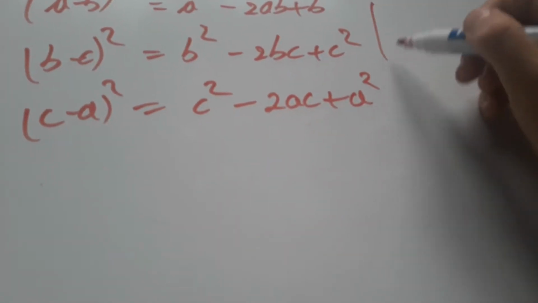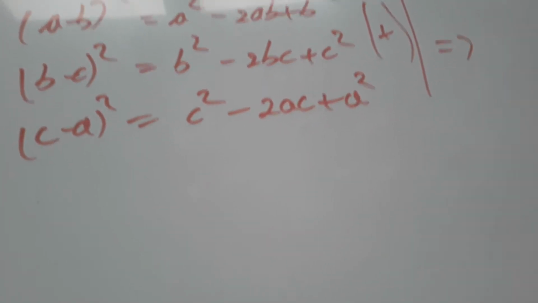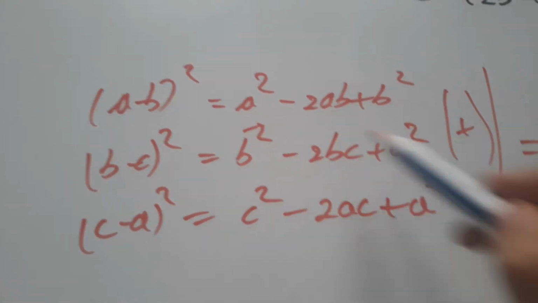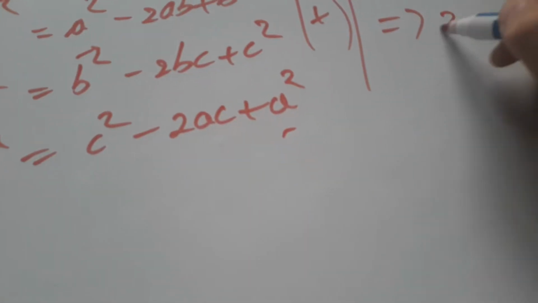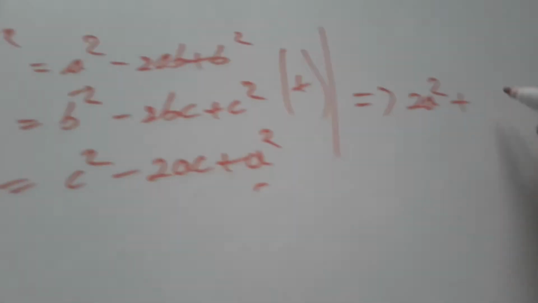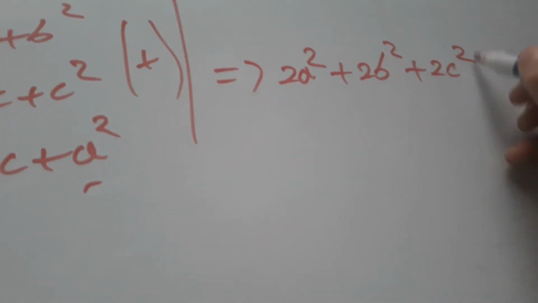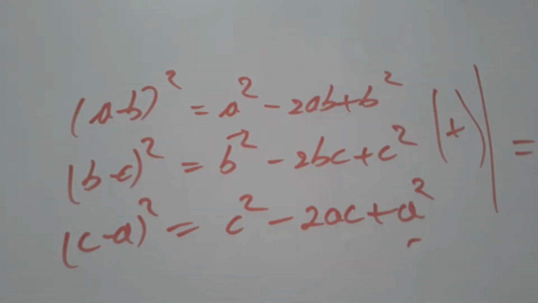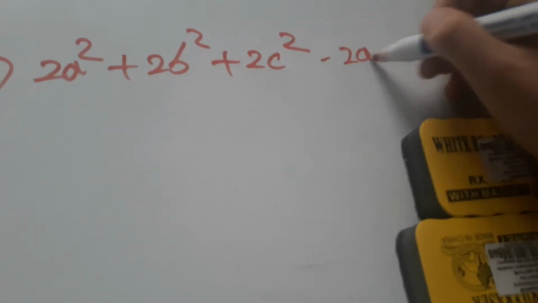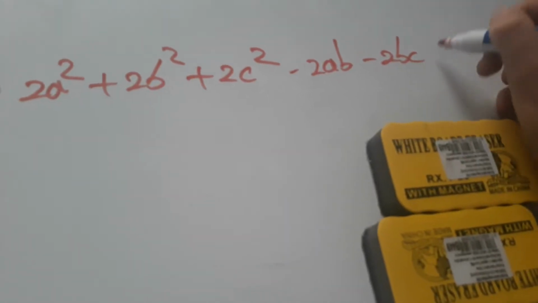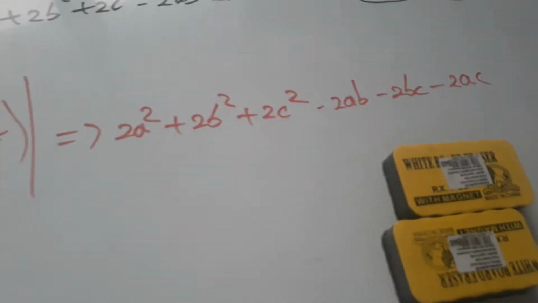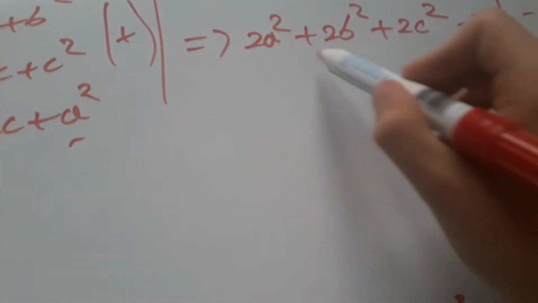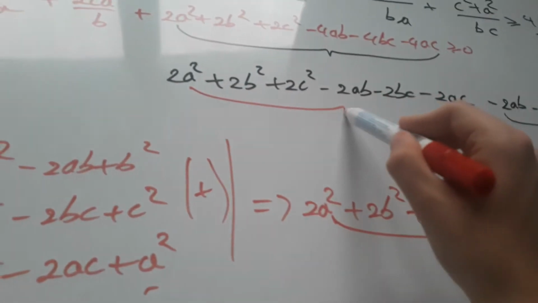What happens if we add them? It follows that a with a we have 2a² and then plus 2b² plus 2c², and now with minus 2ab minus 2bc minus 2ac. So this sum of three squares is equal with this, which is even this.